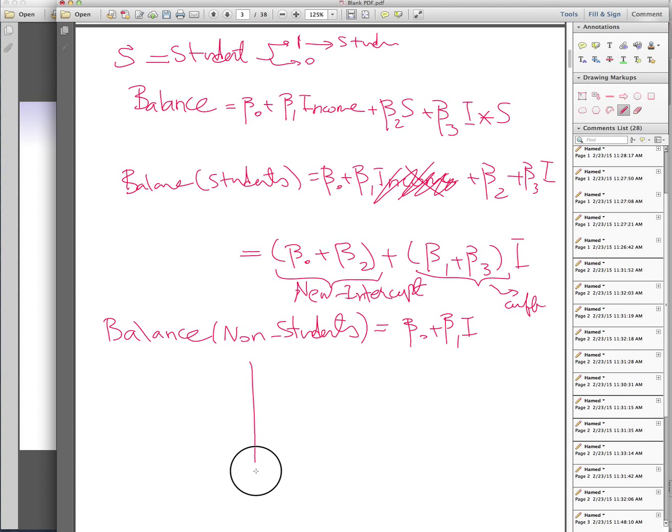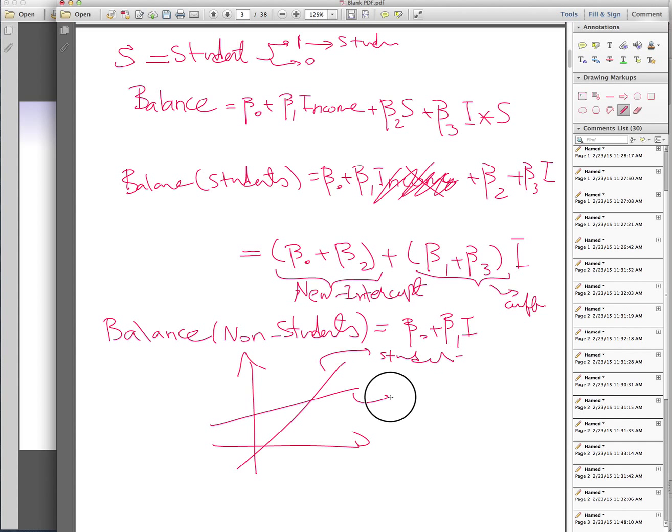So as we can see here, for students and non-students, we got two different lines because they have different slopes and intercepts. So let's say this is for students. Let's say this is for non-students. This is income, and this is balance. Let's say these vertical lines we would get for different beta 0s and beta 1s.